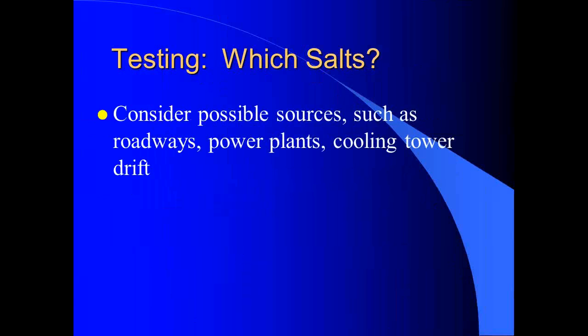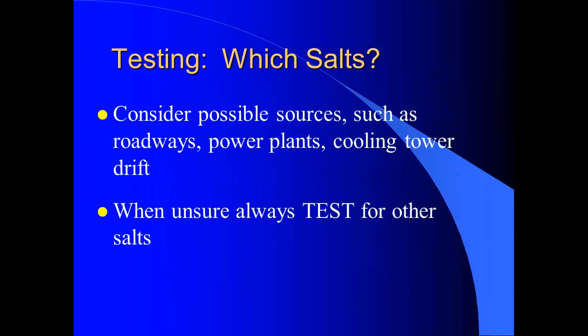Consider possible sources: roadways, power plants, cooling towers. You look at the things around you and look for a half a mile away in the direction of the prevailing winds and see if you've got a coal-fired power plant, do you have a water treatment plant? Have you got a cooling tower?